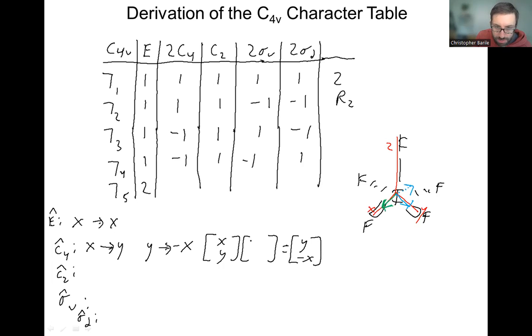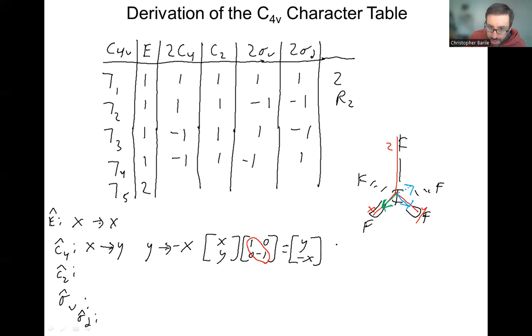And we can write that very simply. It's going to be 1, -1, with 0 on the diagonal. Okay, so review matrix multiplication if you don't know where that comes from. But what's nice is that now we can take the trace of this matrix, or the character of this matrix. That's where the name character table comes from. It's a sum across the diagonal.